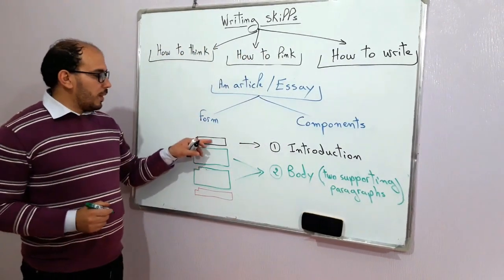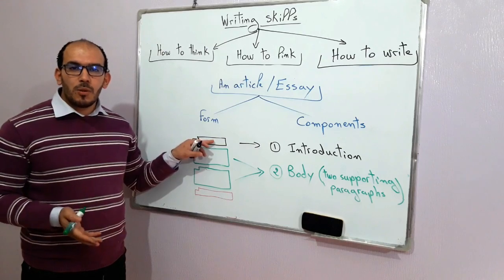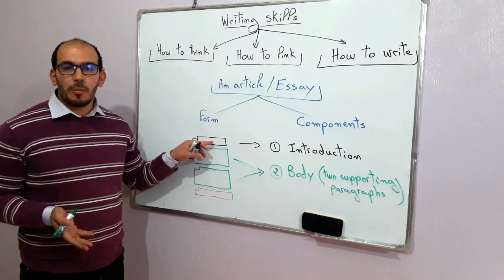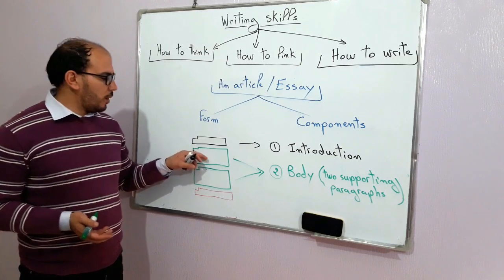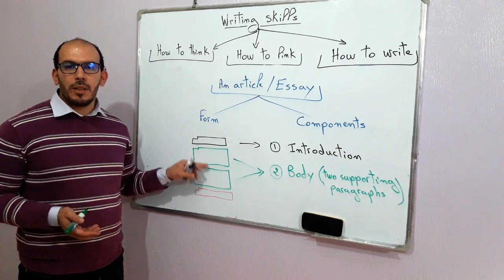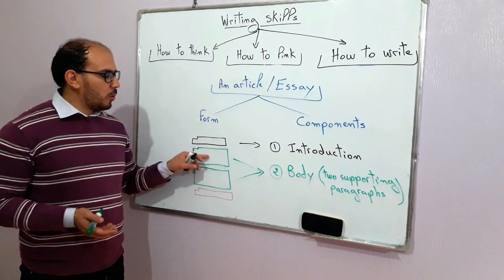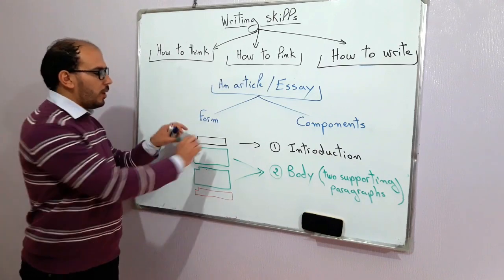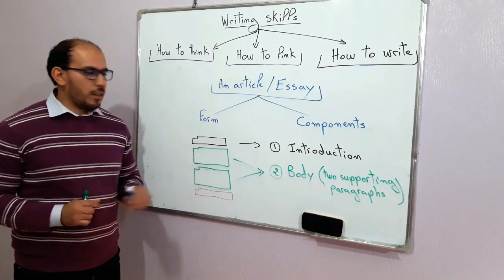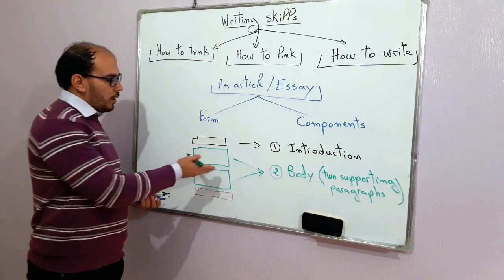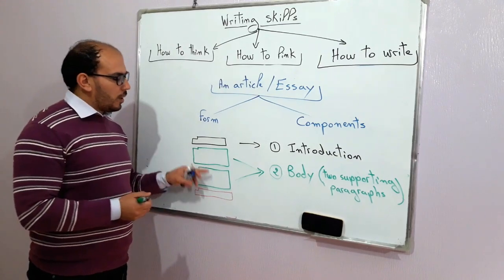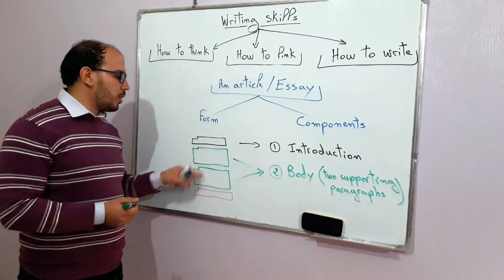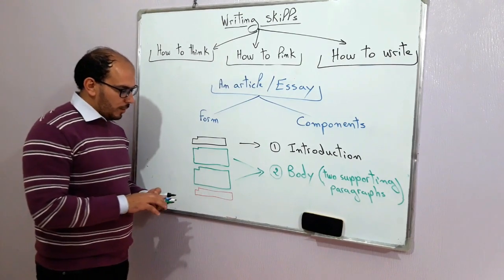Right, so as I said, in the introduction I have to introduce the topic, and then I have to say what I am going to speak about in these two supporting paragraphs. So everything must be clear in the introduction. And then I move to supporting paragraph number 1 and supporting paragraph number 2, in which I give the details.